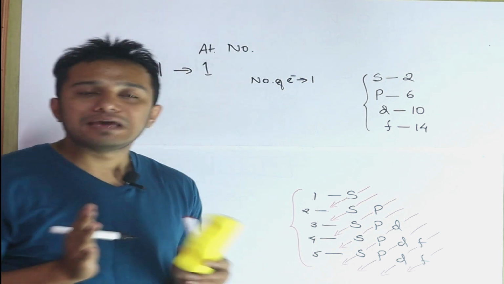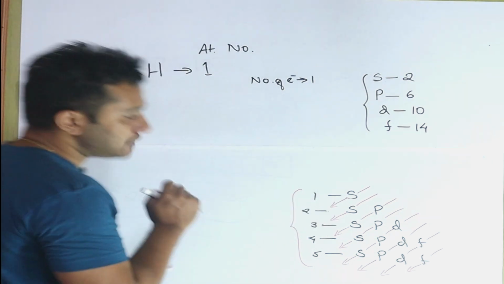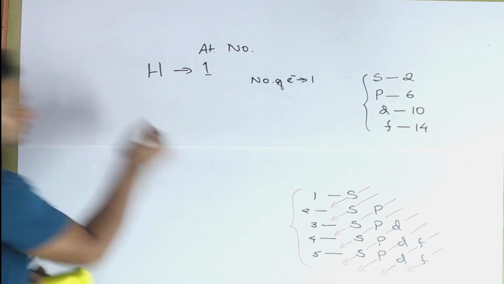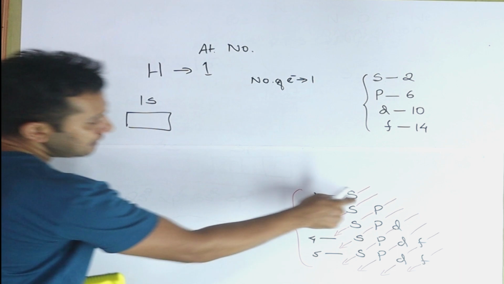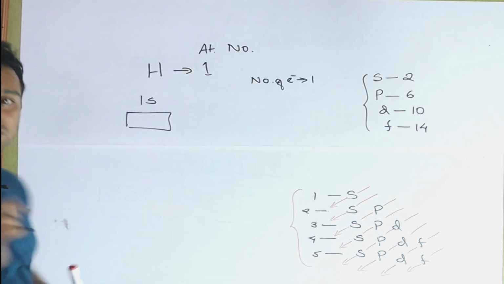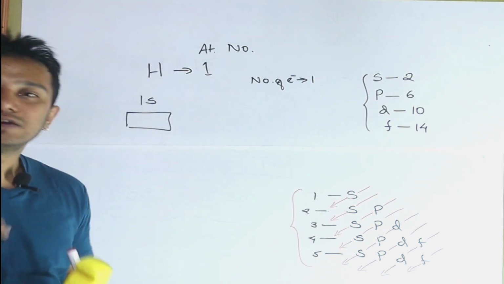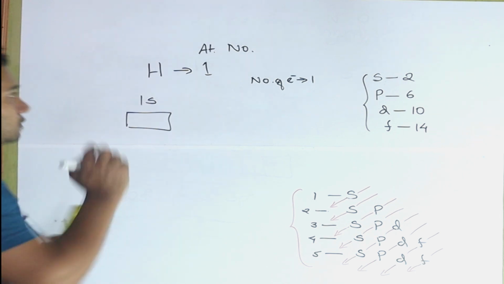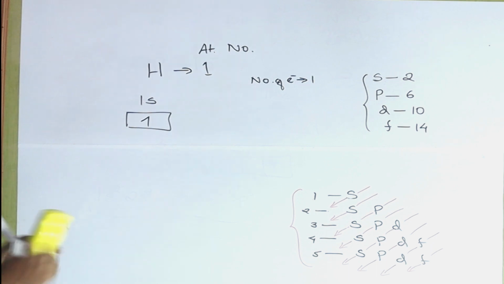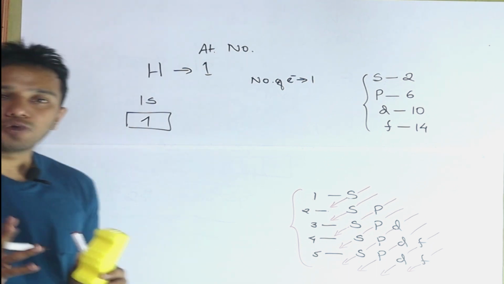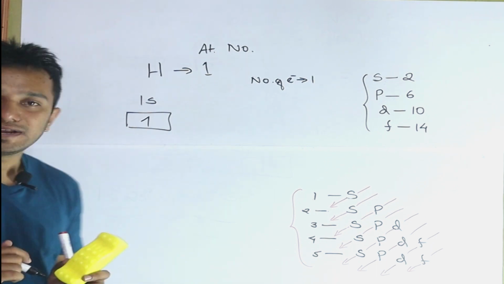We are supposed to fill the s orbital. This is the first s orbital and this is 1, so I'll draw the orbital 1s. How many electrons can we accommodate in s? 2 electrons. Since there is only 1 electron, I fill only one electron.